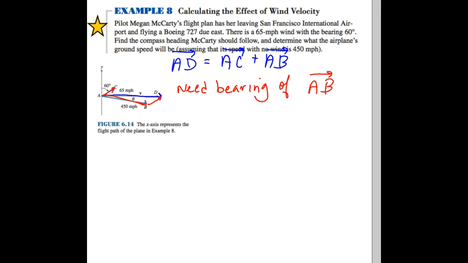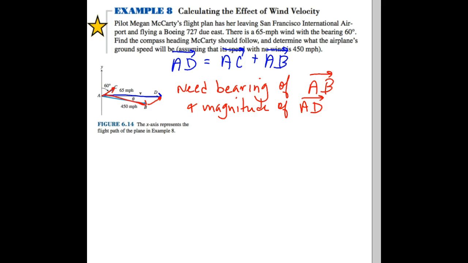Without wind, it's going 450 miles per hour, but the wind is going to help. All right, it's going to go faster. So we need the speed or magnitude of AD. Okay. Questions so far? Does the picture make sense? Yes, no, some indication would be helpful.